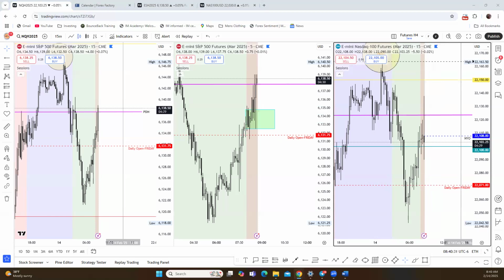It's very choppy though, I'd say on a 5 minute, 1 minute NQ. So it's just more of directional bias with the ES right there, moving in favor.